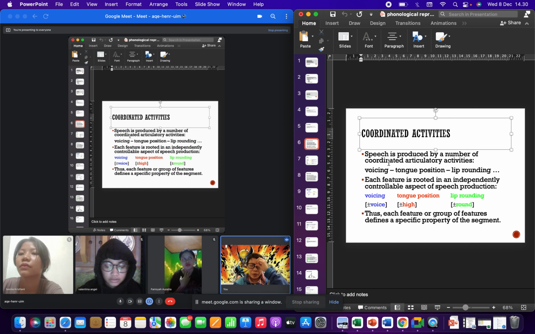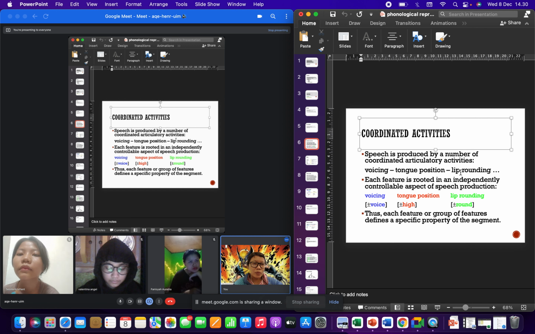We also understand tongue positions. When I say this vowel, my tongue position is high, and it is tense. But when I say the lax vowel, it is in a lower position. Or when I say the vowel in the word pen, our tongue position is mid, and the tongue is lax, not tense anymore.